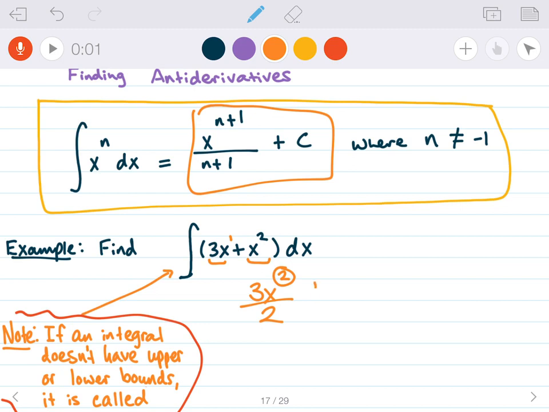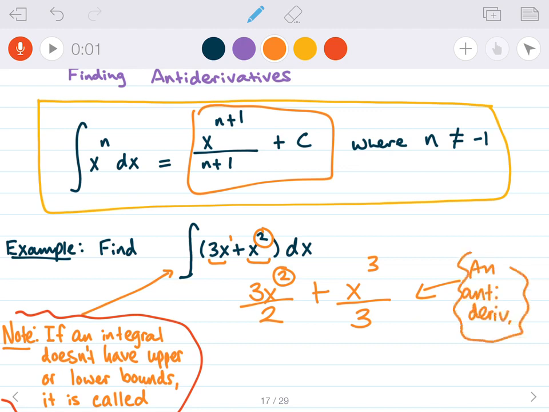So the other one, x squared, if I add 1, I get x cubed, and then I'm going to divide by that. So this is an antiderivative right here. Okay. Because there could be a constant there, we're just going to put plus c.